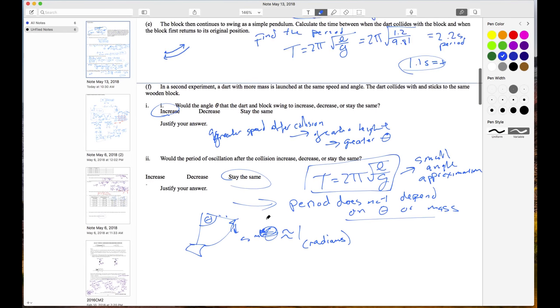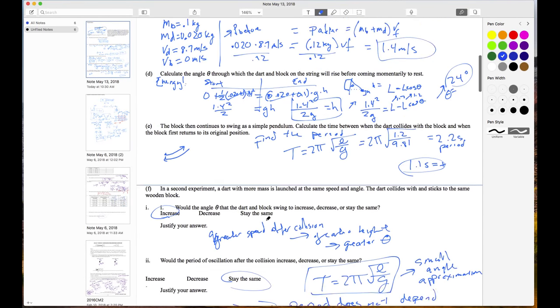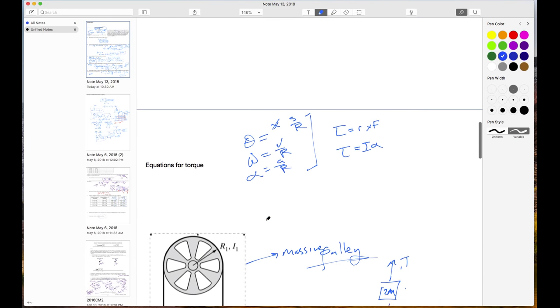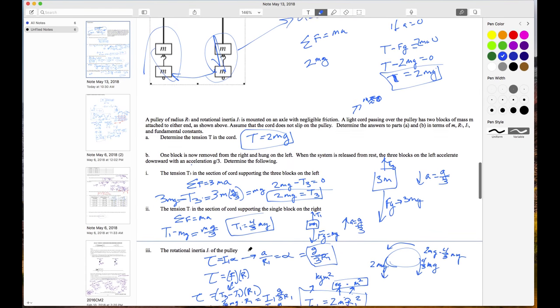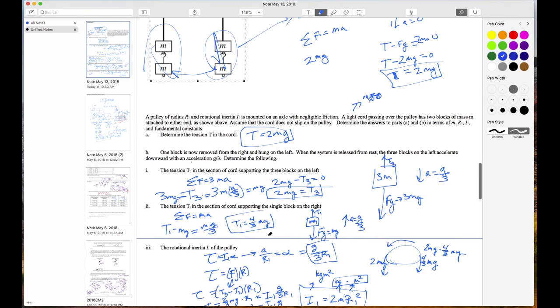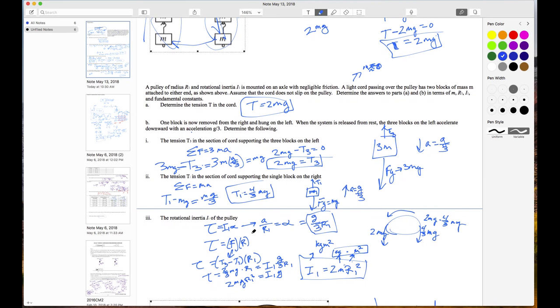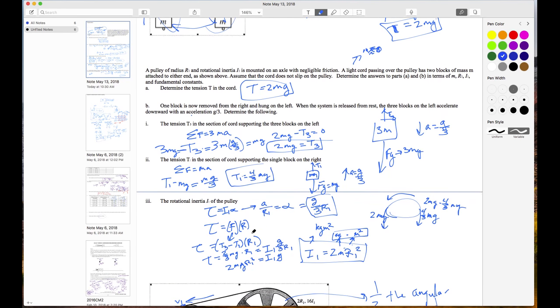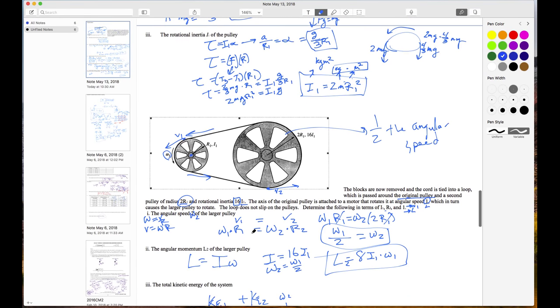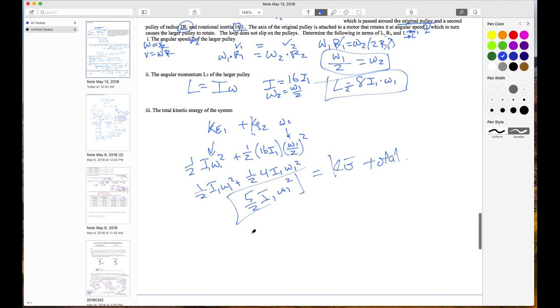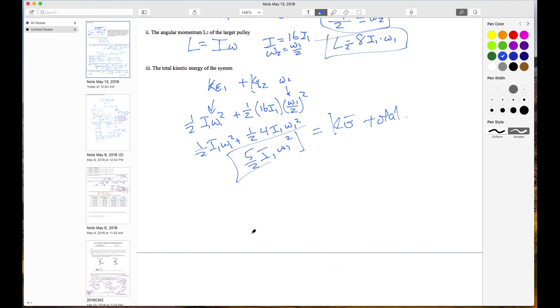But if we look at these two problems, a bunch of different ideas, but they combine. Typically rotation problems will combine a lot about the rotational kinematics, or linking torques and forces, linking tensions and torques, and so you have to keep in mind all of these equations.